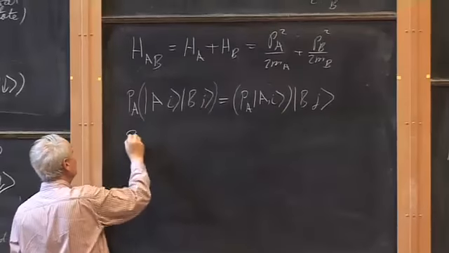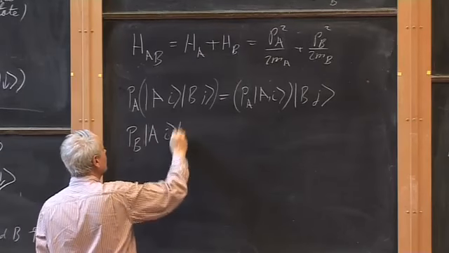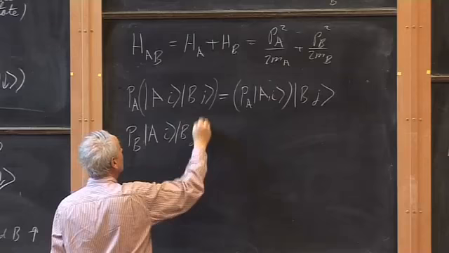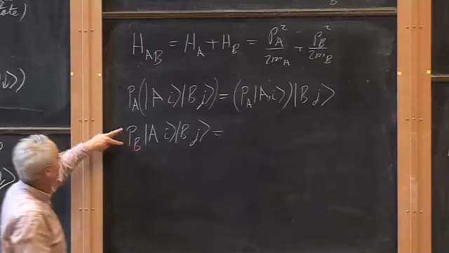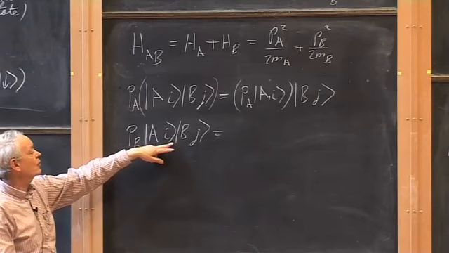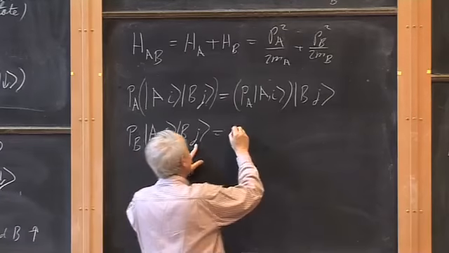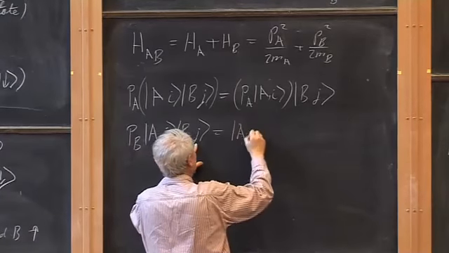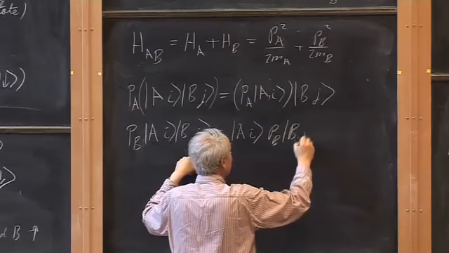If PB works on this thing, PB ignores this. It passes through this as if PB was just an ordinary complex number and homes in on this, its target. So this is simply AI times PB BJ.